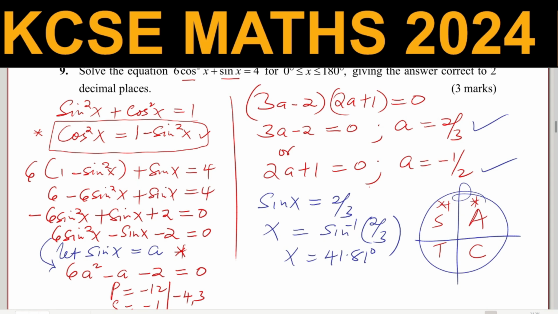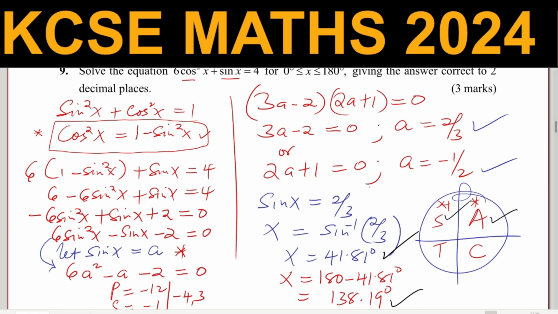In the second quadrant, you simply get 180 subtract 41.81 degrees, and this will give 138.19 degrees. So you have two angles: 41.81 degrees in the first quadrant, and in the second quadrant we have 138.19.